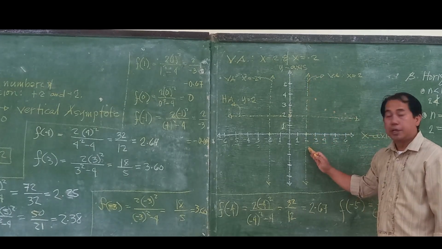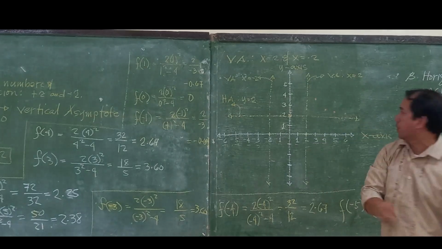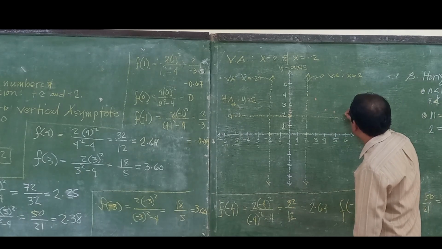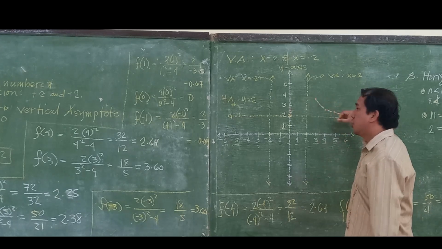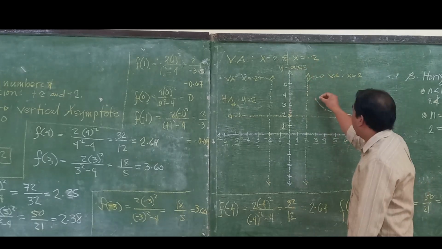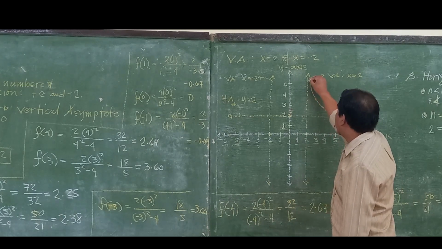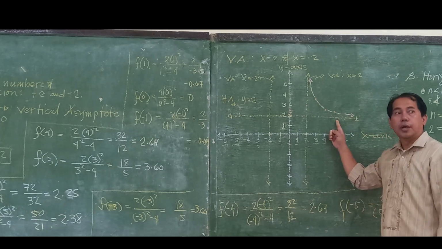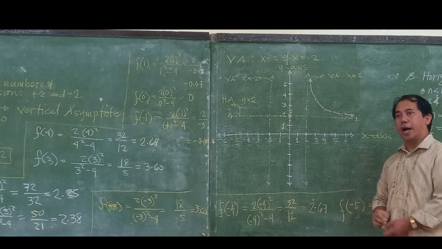You follow? It will not cross the vertical asymptote. So let's try to show that one. The graph will be coming in here, and it will shift upward, but it will never cross the vertical asymptote. Do you follow? Yes, sir. And that is the graph.